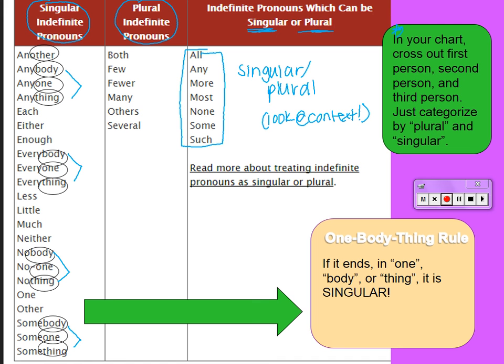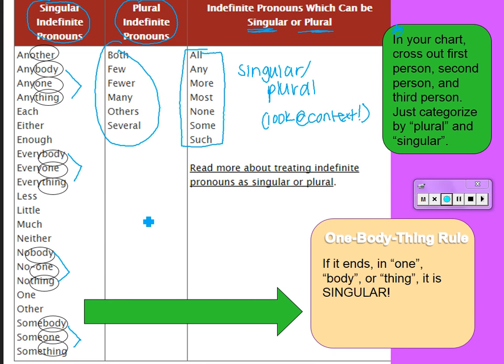Well, it's not, because the word itself, everybody, is singular. So therefore you have to use pronouns that agree with singular pronouns. Okay? So sometimes that is the most tricky part with indefinite pronouns. Okay? These are all plural.